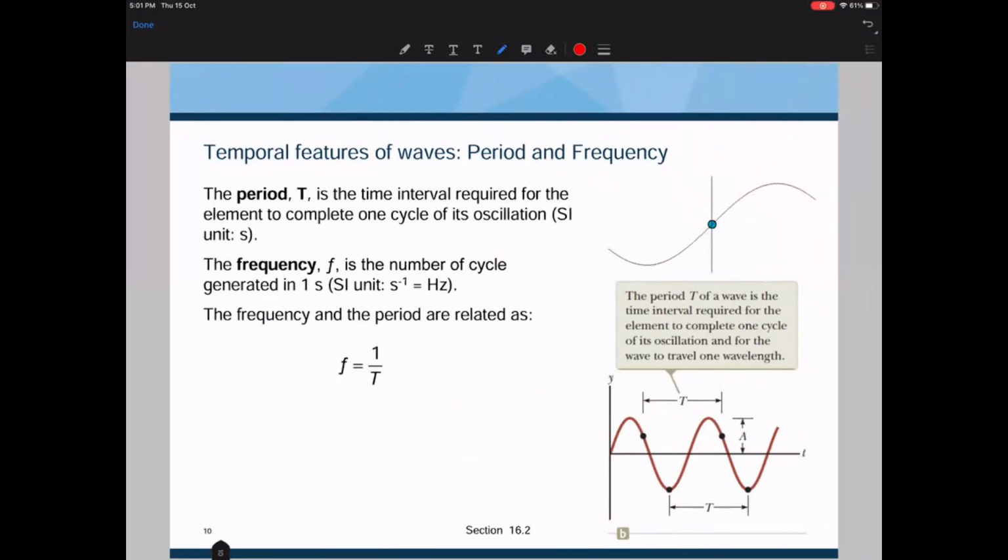And apart from taking a snapshot, we can represent the graph by a plot of the displacement versus time for any particular location.